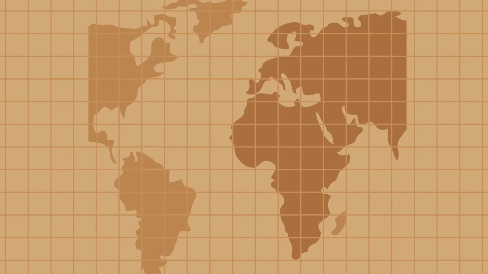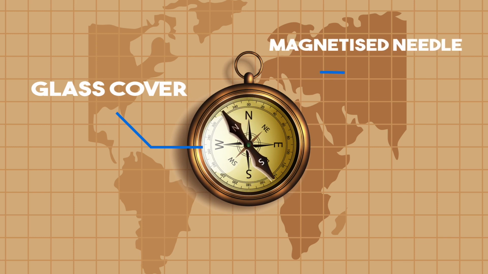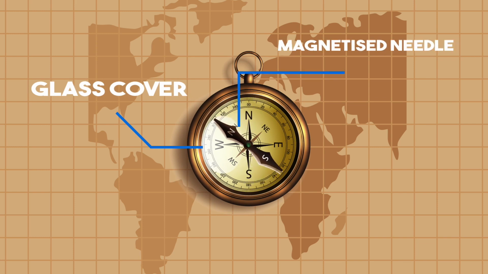A compass usually consists of a small box with a glass cover on it. A magnetized needle is pivoted inside the box, which can rotate freely. The compass also has a dial with directions marked on it.